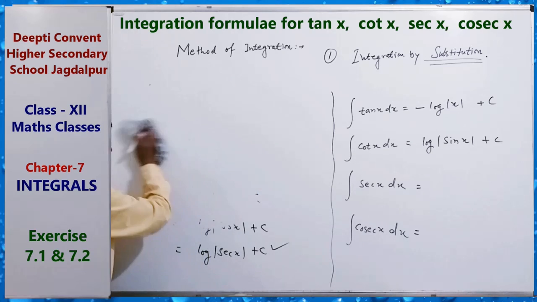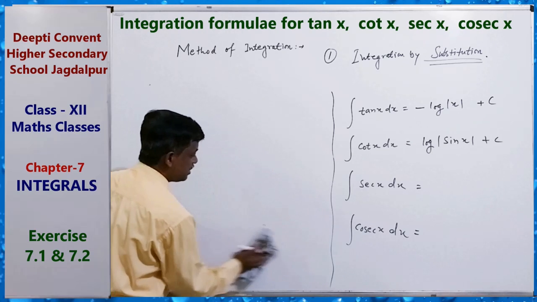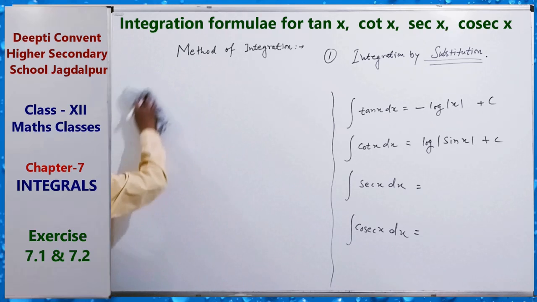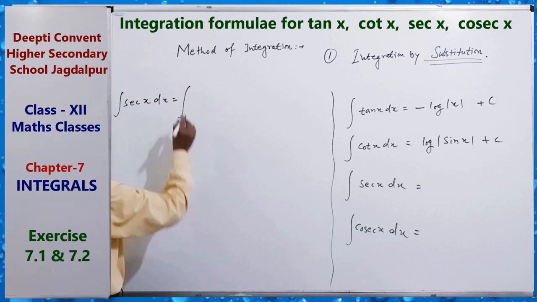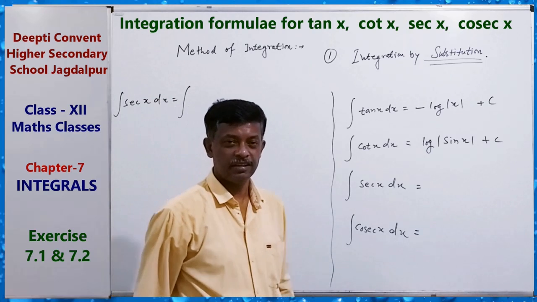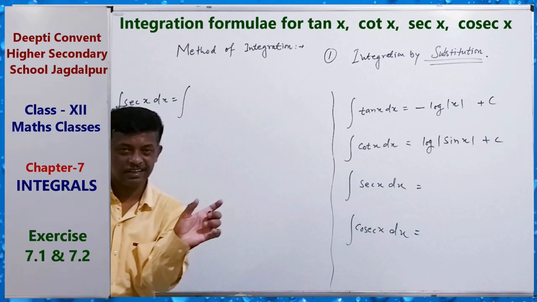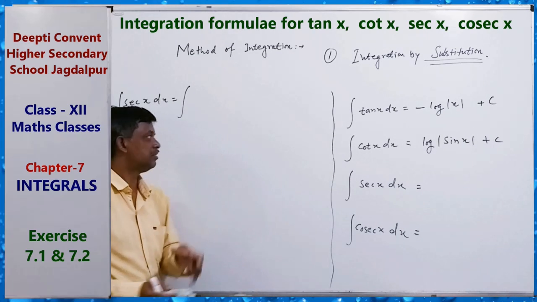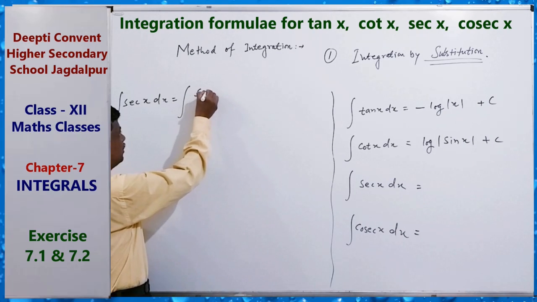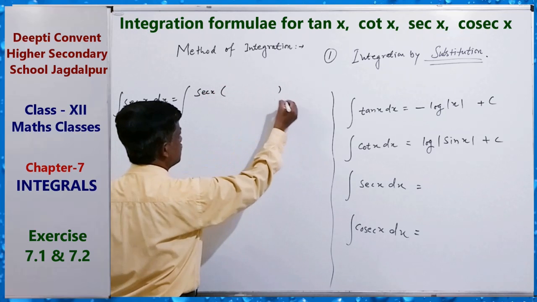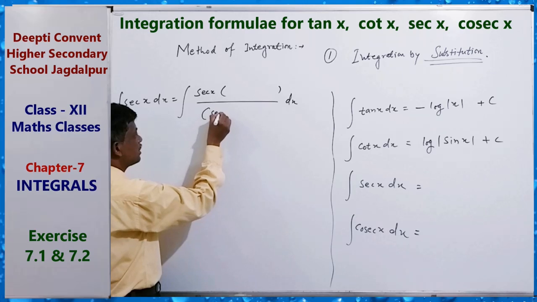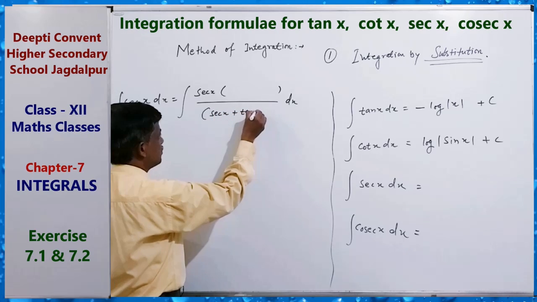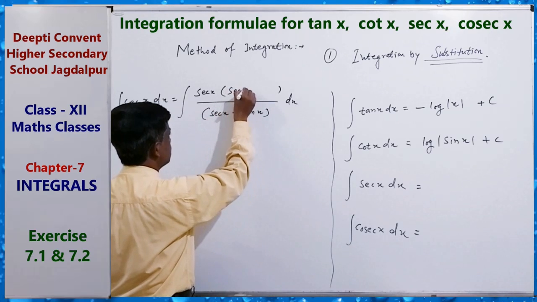For sec x, we are trying to convert sec x in such a way that the integrand is converted to such a form that if we put something t, then that derivative is present there. So we can write sec x, but just multiply numerator and denominator by sec x plus tan x.